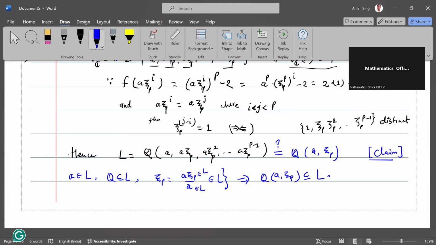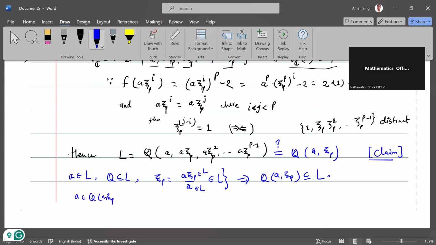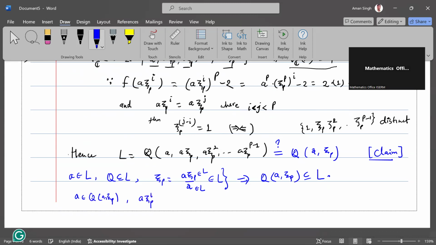What about the other direction? The other direction is obvious, right? A belongs to Q(a, zeta p). In particular, a zeta p power i, because zeta belongs to Q(a, zeta p). So any of its powers multiplied by a all belong to Q(a, zeta p), for any i.